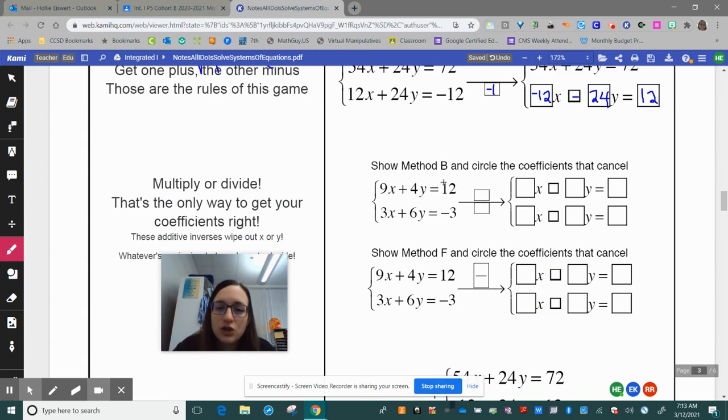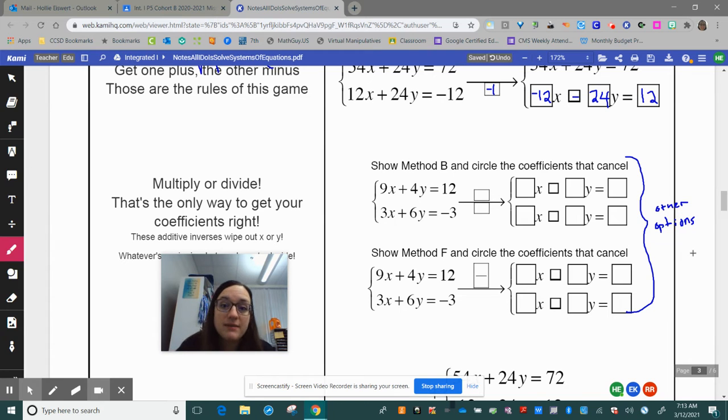Now, see how it says show method B and circle the coefficients that cancel? Show method F and circle the coefficients that cancel? These are 2 other options. So these right here are just other options that we could have done. I think these are easier ones.